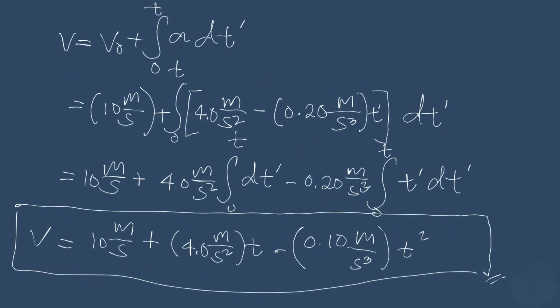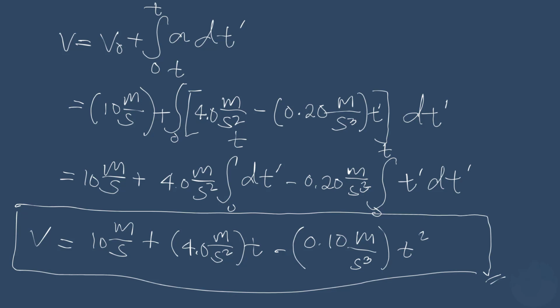We then substitute the expression for the acceleration and the value of the initial velocity to get 10 meters per second plus 4 meters per second squared times integral of dt prime minus 0.20 meters per second cubed integral of t prime dt prime. Now, by integrating dt prime in the second term, we get 4 meters per second squared times t, while when we integrate t prime dt prime, we get 0.10 meters per second cubed times t squared.